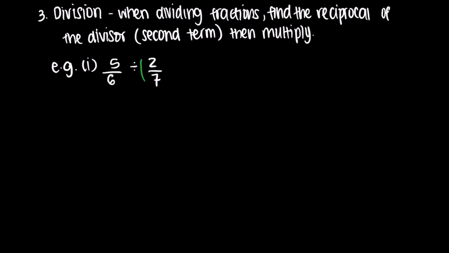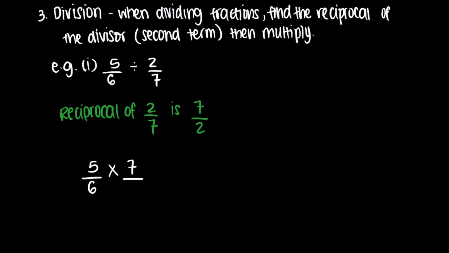The divisor is 2 over 7, so we have to find its reciprocal, and the reciprocal of 2 over 7 is 7 over 2. Essentially, we just flip the numbers, and if you remember a few lectures back, I mentioned the importance of reciprocals. Anyways, we can now multiply 5 over 6 by our reciprocal, 7 over 2. So our original fraction becomes this.